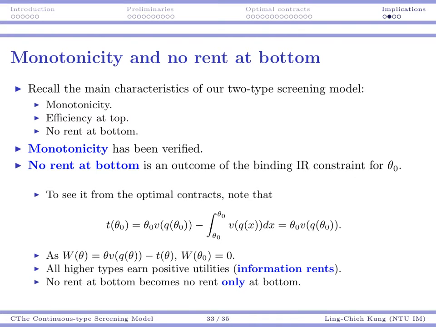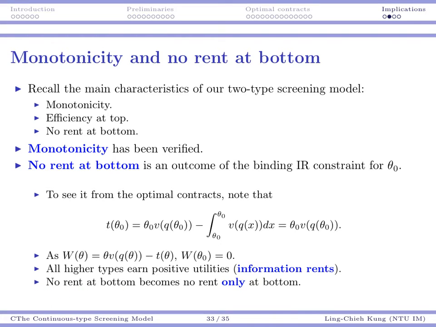So all the higher types will earn positive utilities, which we mean information rent, because they have private information and the threat to lie. So they can earn information rent, but the lowest type is just so unlucky. There's no reason for him to lie, so there's no reason to leave him any information rent. Okay, no rent at bottom.